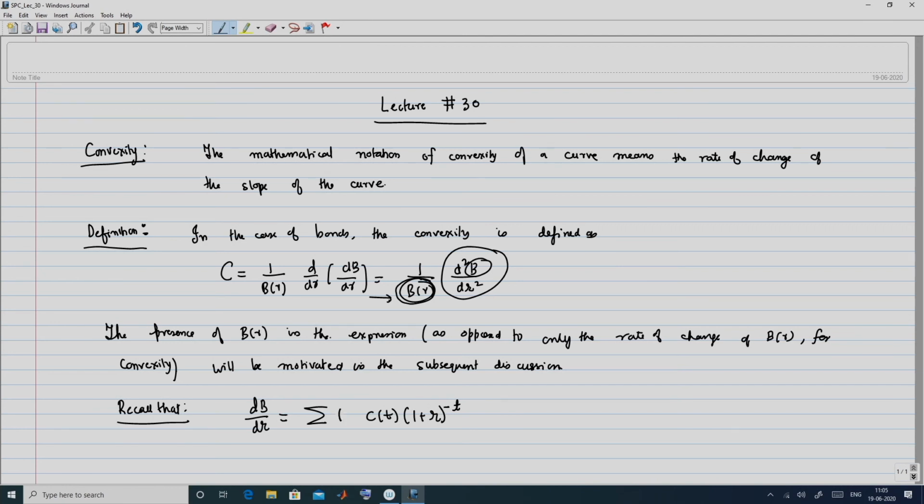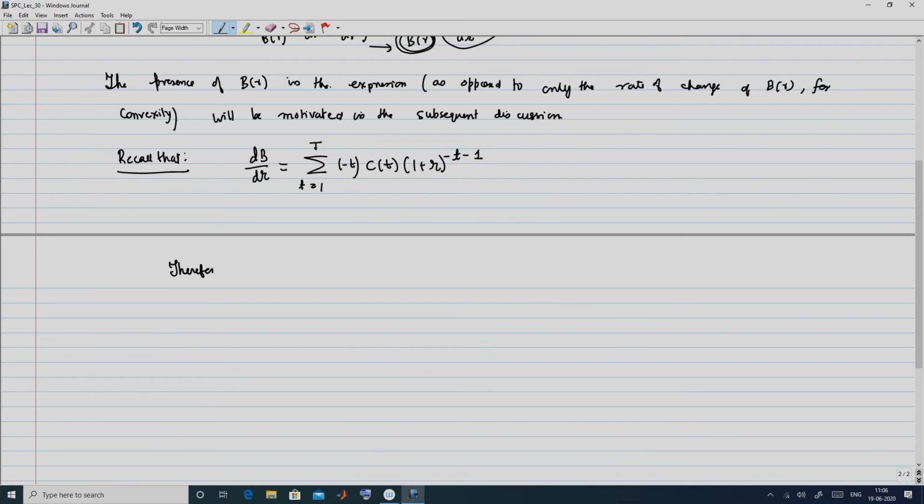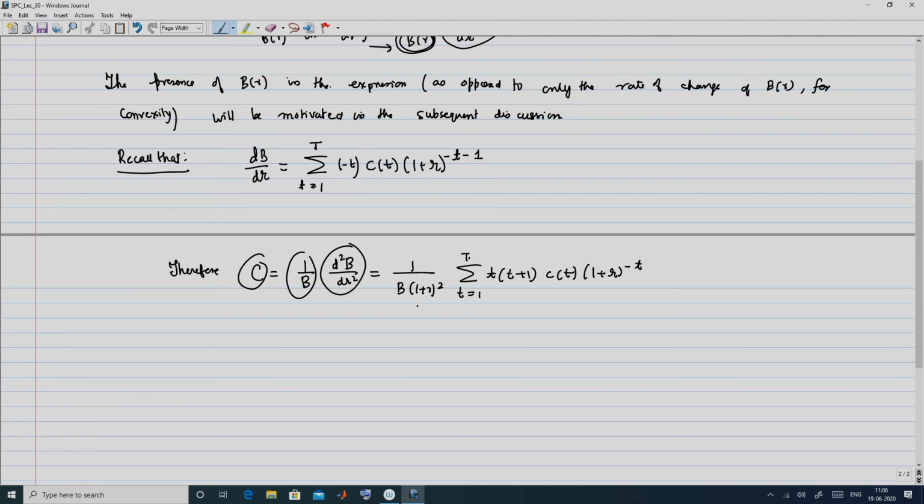So this derivative becomes minus t into (1 plus r) raised to minus t minus 1, t equal to 1 to capital T. From here we get that C is equal to 1 over B into d square B over dr square, and this is 1 over B into (1 plus r) square into summation of t into (t plus 1) C_t into (1 plus r) raised to minus t, t equal to 1 to capital T. So basically C is 1 over B into the second derivative, obtained by taking the derivative of this expression to get the expression for convexity.